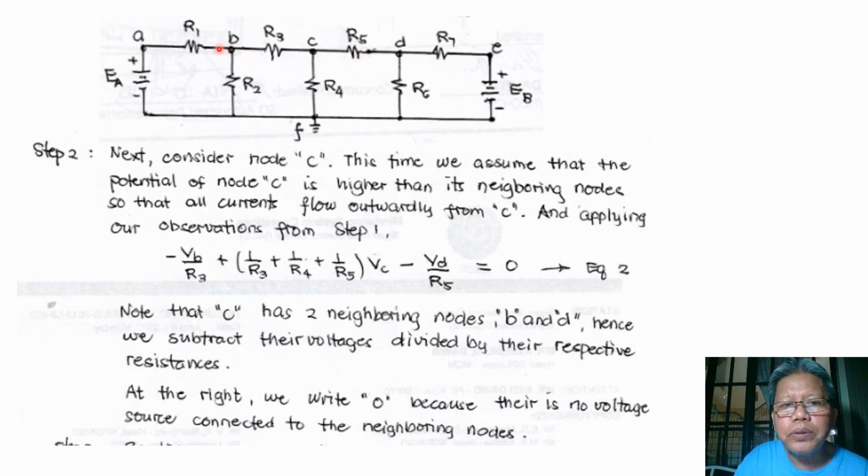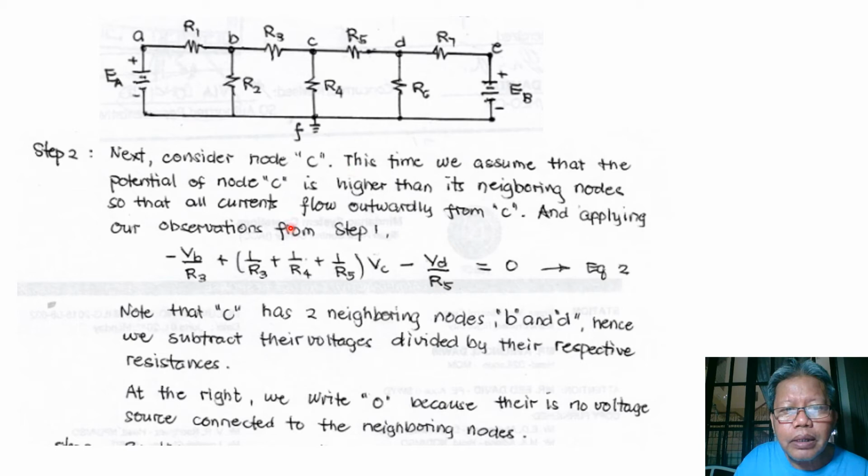These are the two neighboring nodes of C. So again, the flow of current would be from C to B through R3, and then the other current here is from C to D through R5, and the current going to the reference node through R4.